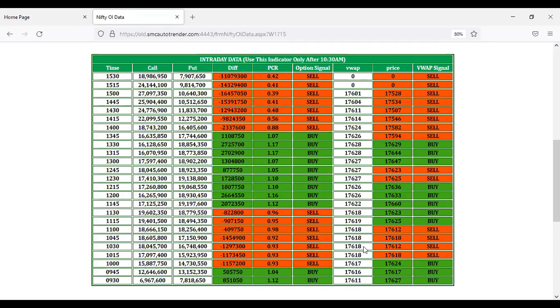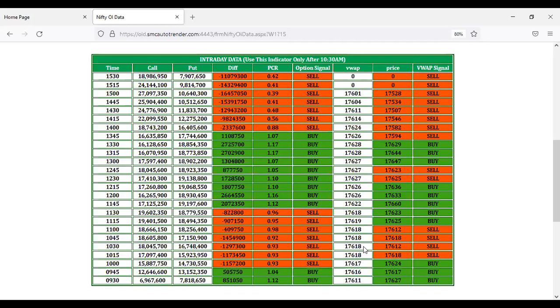If you talk about VWAP and stop loss theory, in Nifty, we take a normal volatility of 25 to 30 points. In Bank Nifty, you can take from 40 points to 60 points because Bank Nifty is much more volatile than Nifty. When you are taking a put, your stop loss will always be VWAP plus your volatility points.